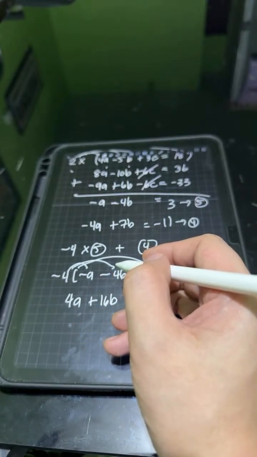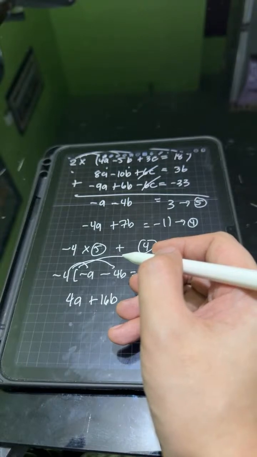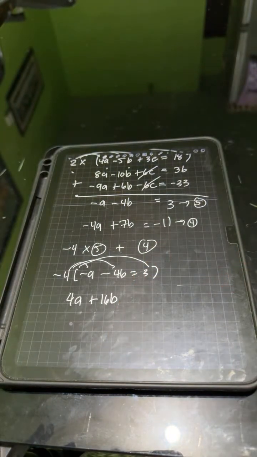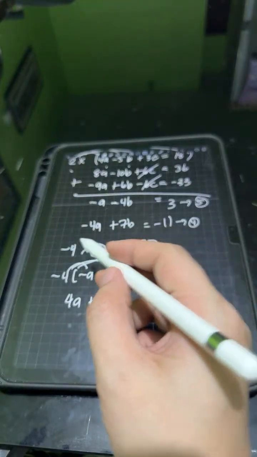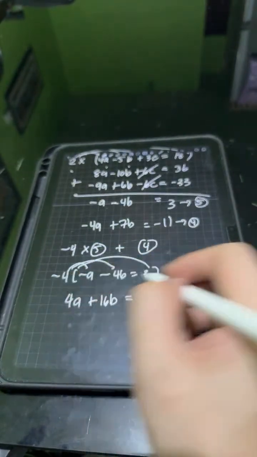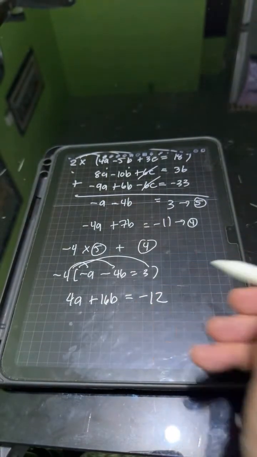And then equal to negative 4 times 3, negative 12.